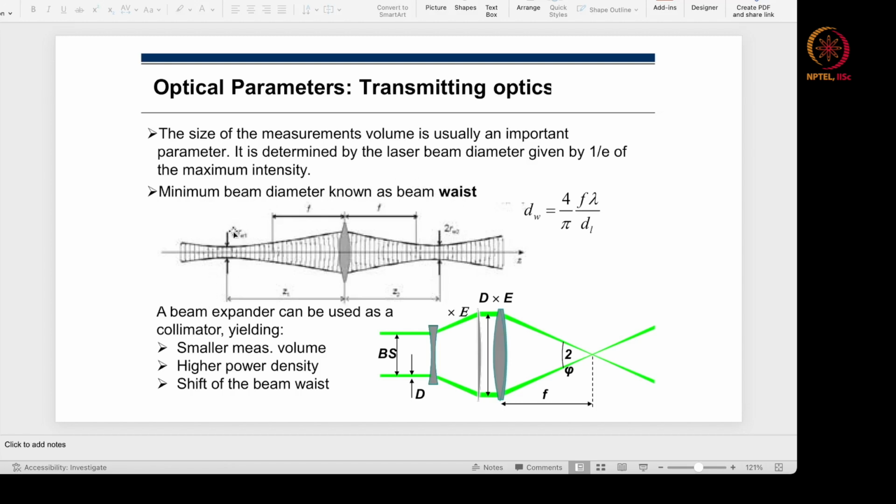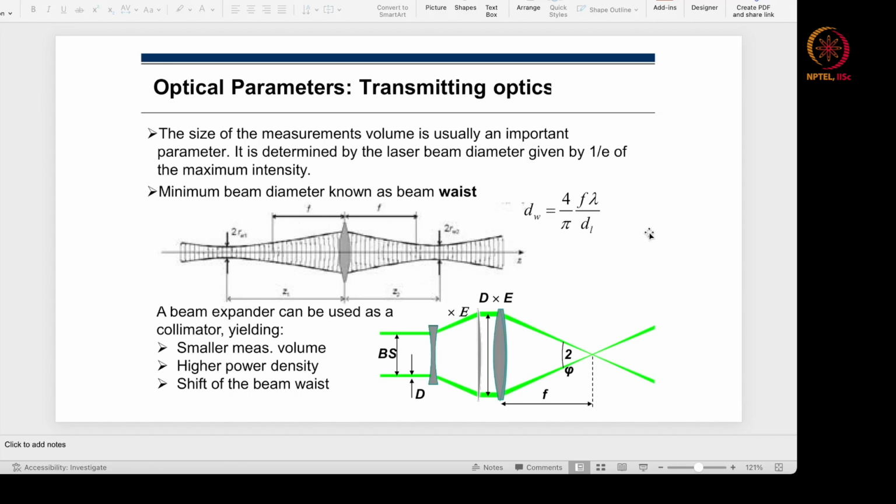So you have an incoming beam which has a beam diameter or beam waist of 2RW1. This expands, and then there is a lens which focuses it to another beam diameter, 2RW2. Okay, and there is Z1 and Z2, and then there are the focal points.